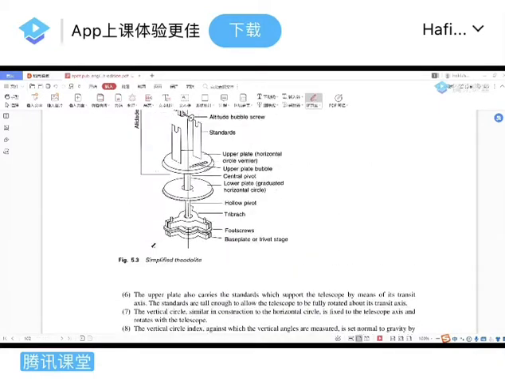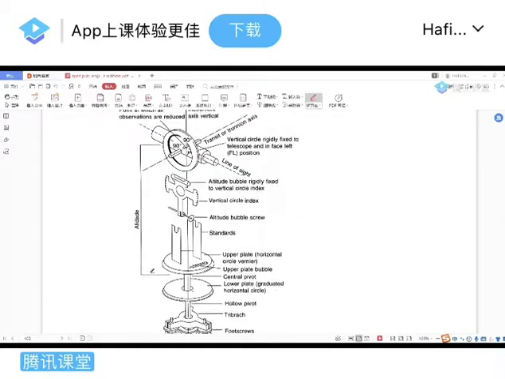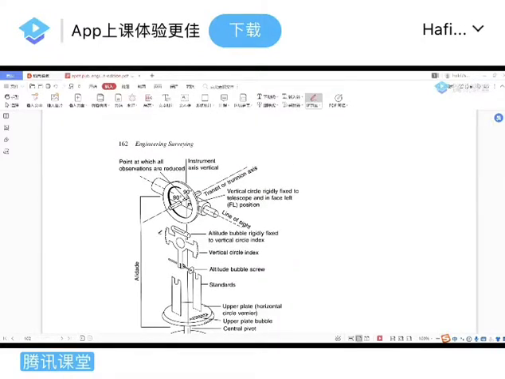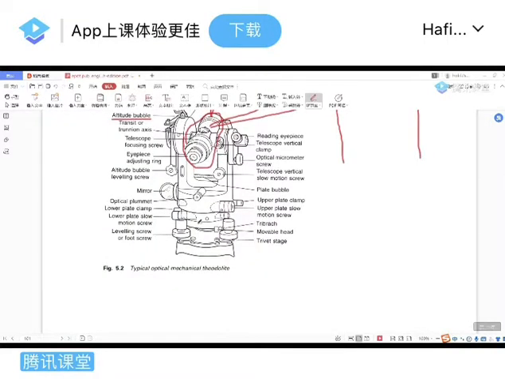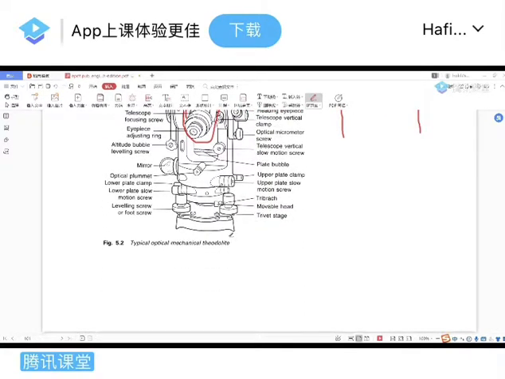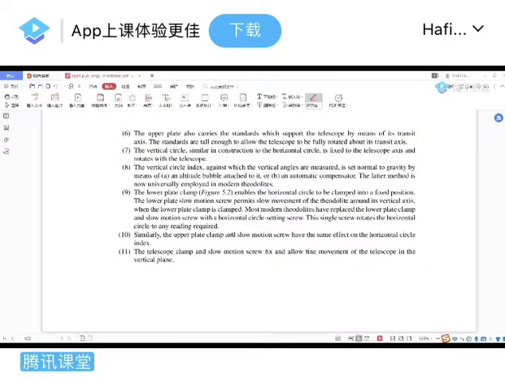Okay, let's continue. So remember, the functionality is basically controlled by them. And are they really that complicated? Maybe not. Maybe you just have to fix some axis. Then when you turn something up and down, they can record the angle. And when you turn something around, they can record the angle. So these are all doable. Continue.